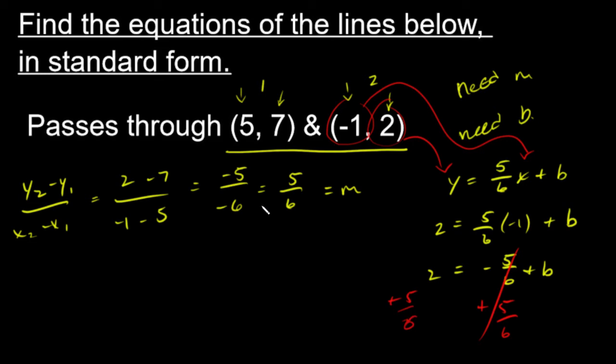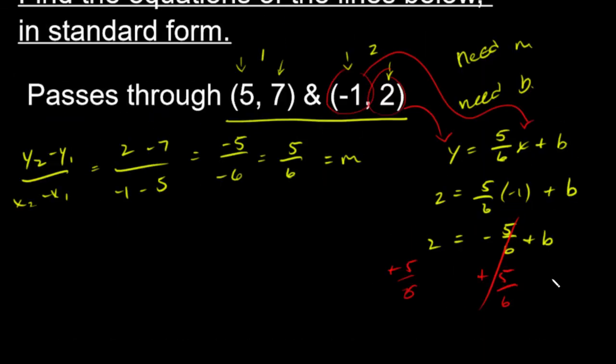And b is going to equal 2 and 5/6. Now, most of the time, I absolutely hate mixed numbers, but to be honest, this time it doesn't bother me, because we don't need to do anything with it afterwards.